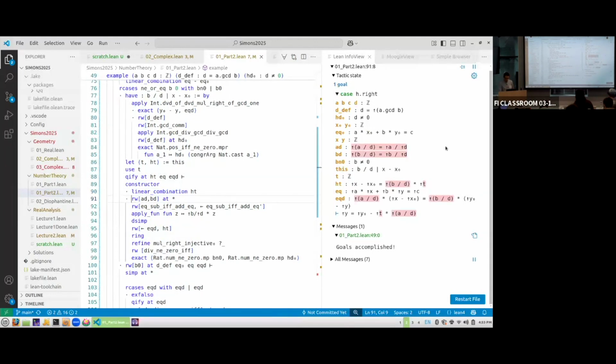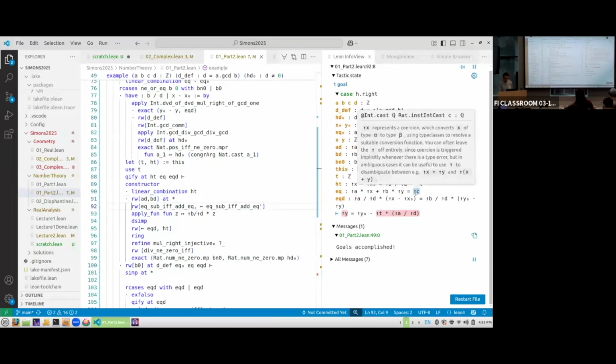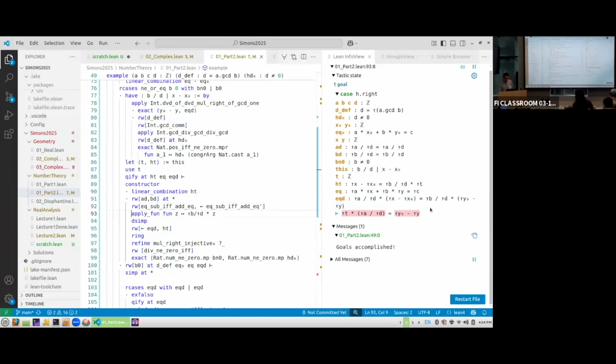And then for the second one, we first get rid of the integer divisions, and then it's a little tricky. It's basically a linear combination of 3 of these equations, but with denominators. And so we can first rewrite to move terms to the other sides, and then we multiply through by b over d, and get rid of the functions by dsimp.